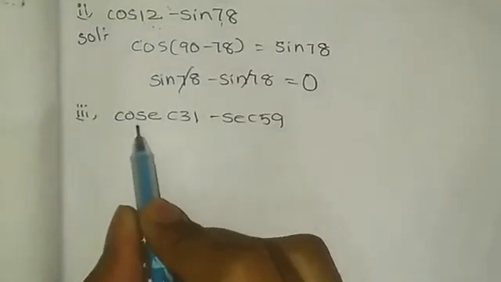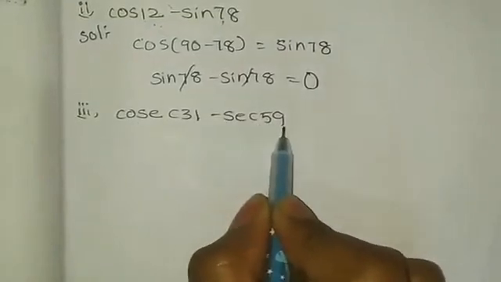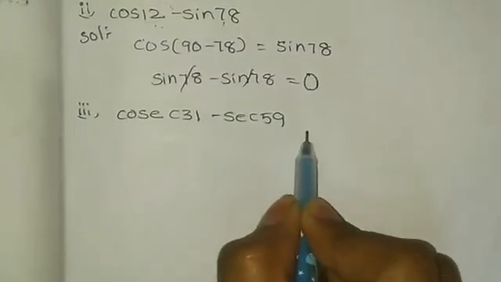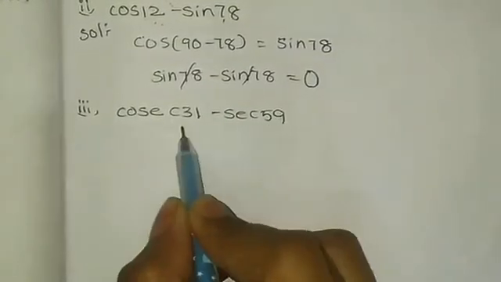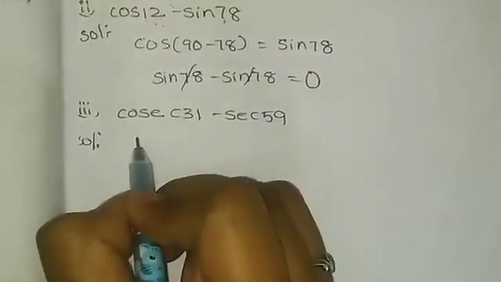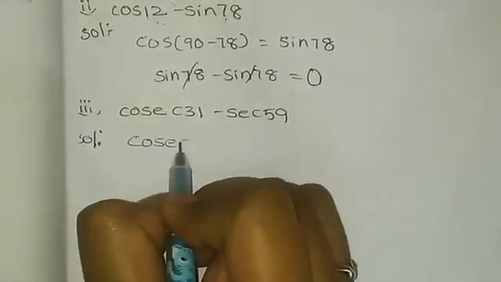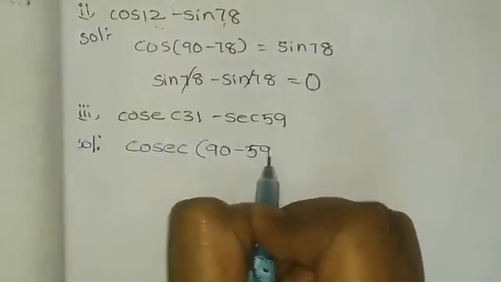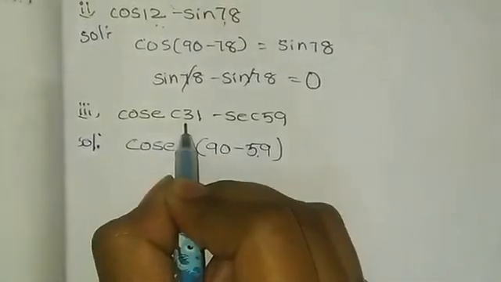Next question, cosecant 31 minus secant 59. And here also 31 and 59 are complementary angles because the sum of 59 and 31 is 90 degrees. So we can write the cosecant 31 as cosecant 90 minus 59. 90 minus 59 is 31.